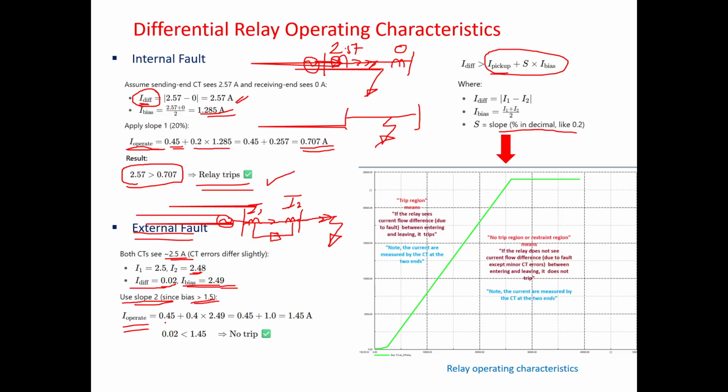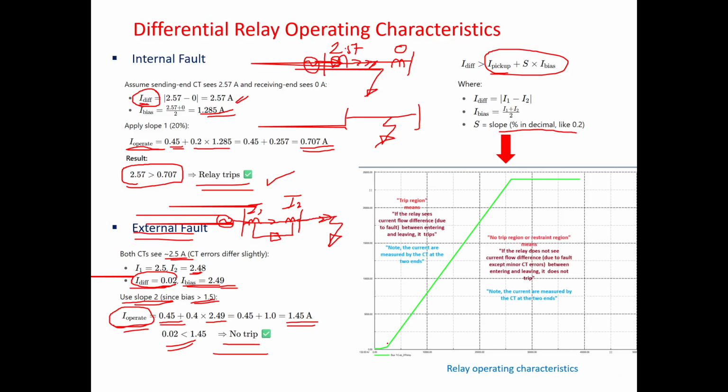So 0.45, the pickup current, plus 0.4 times 2.49, the bias current, which will give us 1.45 amp. So this is now the relay setting. Since the differential current, which is only 0.02, is less than the relay setting, the relay will remain stable, no trip.